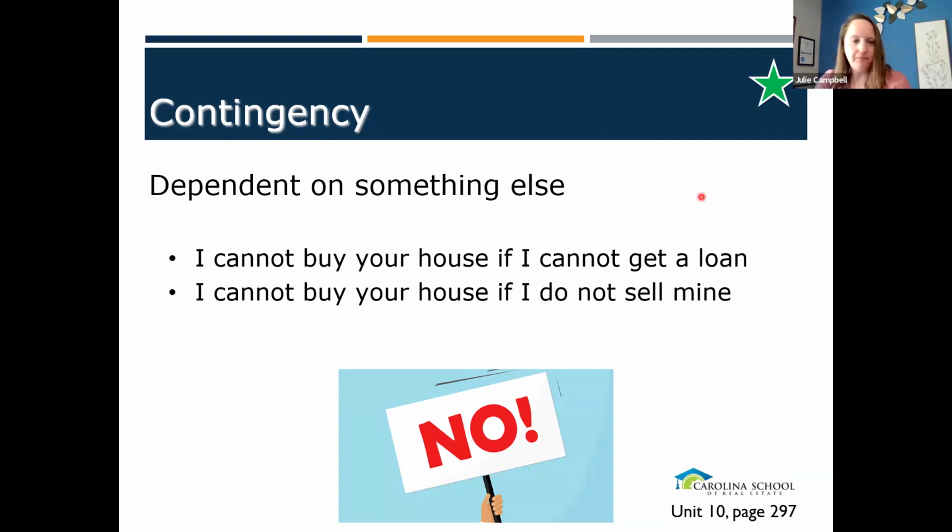Here's another example. Buyer's offer is made on the condition that they get approval from the zoning board to use the property as they intended. If the seller agrees, the contingency is approval by the zoning board. So if the zoning board doesn't approve it, the buyer's not obligated to buy.